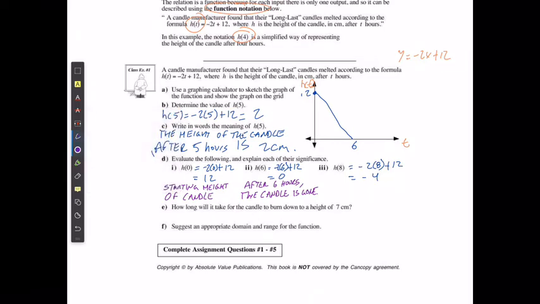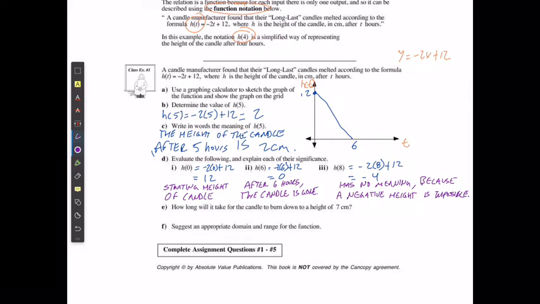And I'm going to say that this one has no meaning because a negative height is impossible. So it actually means nothing in the context of the question.